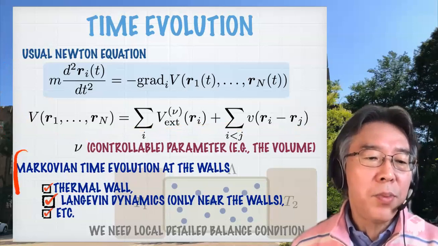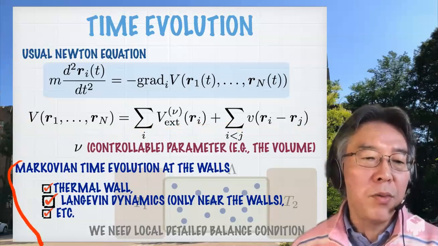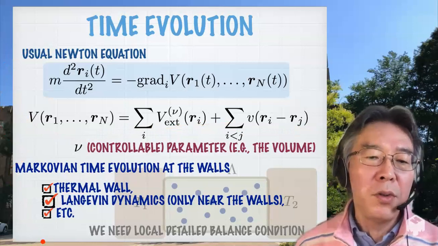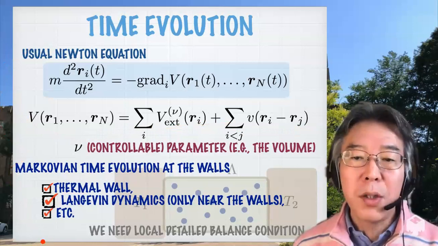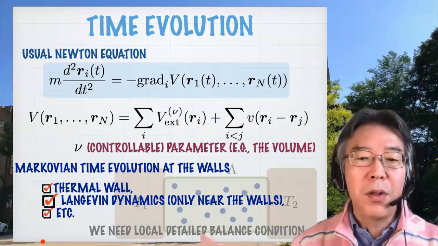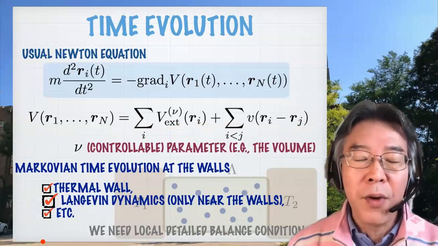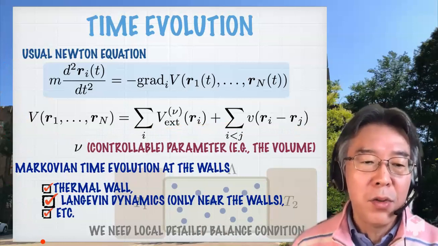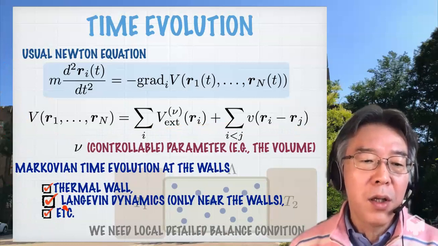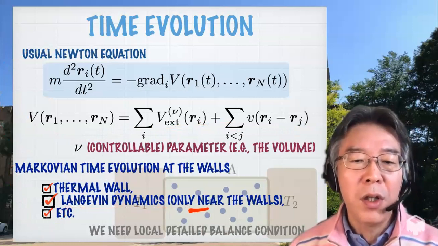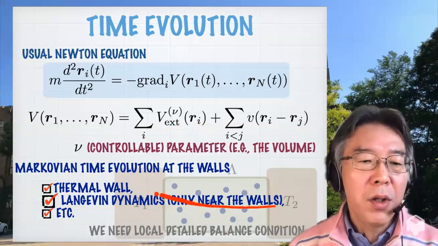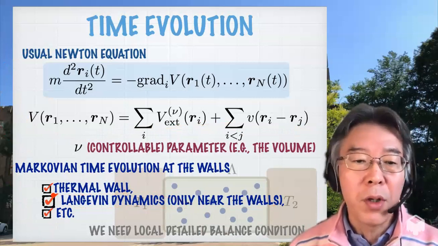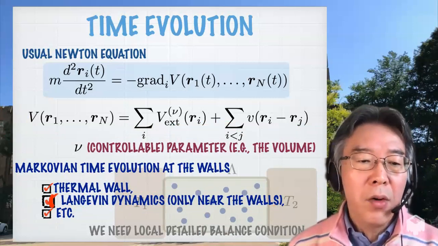And here we have the stochastic part, which is basically a Markovian time evolution, which describes the effect of the walls having temperatures T1 or T2. The most standard thing is to use Langevin dynamics only near the walls. Or you can use something called a thermal wall that I'm going to explain in the next slide, or anything else.